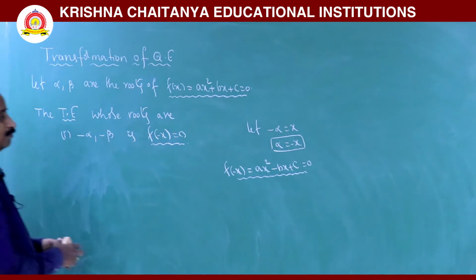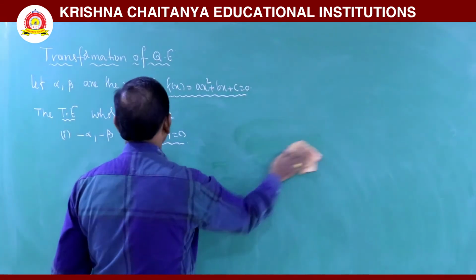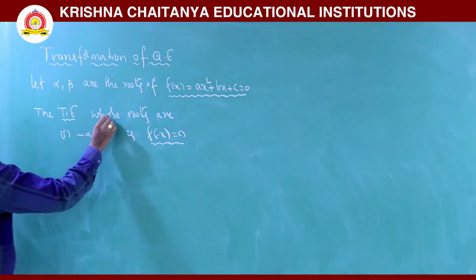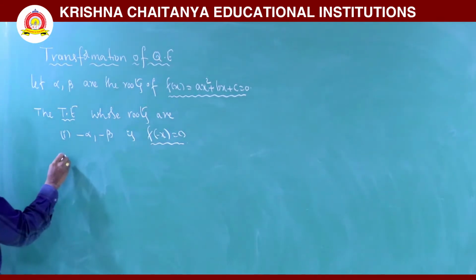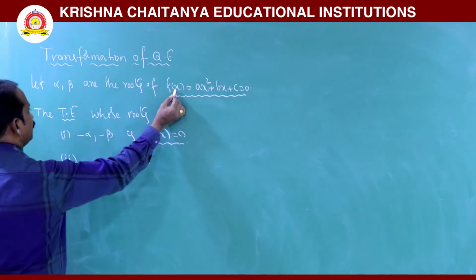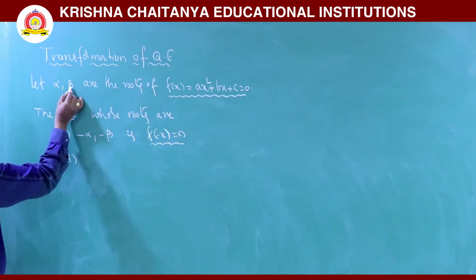Next, we move to the second one. The transformed equation whose roots are reciprocals of f of x. Reciprocals of f of x: the roots of f of x equal to 0 are alpha, beta.